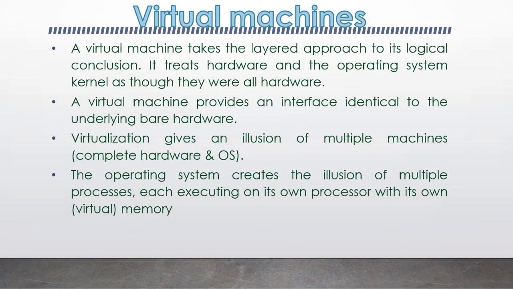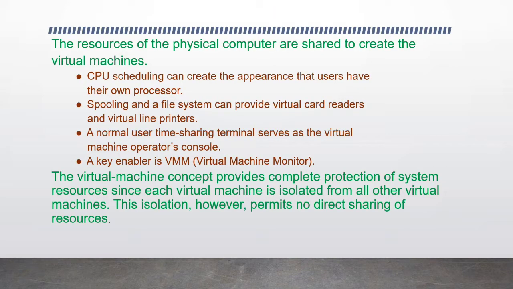Next, we continue: the resources of your physical computer are shared to create the virtual machine. CPU scheduling can create the appearance that users have their own processor. Spooling and a file system can provide virtual card readers and virtual line printers. And a normal user time-sharing terminal serves as the virtual machine operating console.